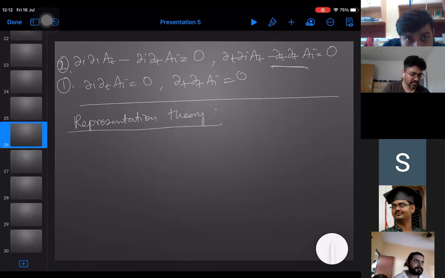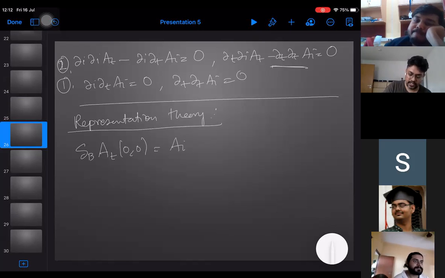But over here, that is not the case. So if you have the boost acting on A_t at 0, you get something given by A and A_i, where A is a constant. Similarly, the boost acting on A_j at 0 gives B δ_ij. Let's look at this.